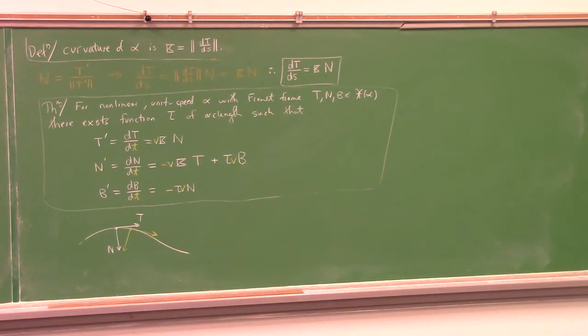But we also know that in terms of the Frenet-Serret apparatus, we can write the velocity as what? The speed times the unit tangent, right? And furthermore, acceleration, right? That's dv dt. But what else is it?